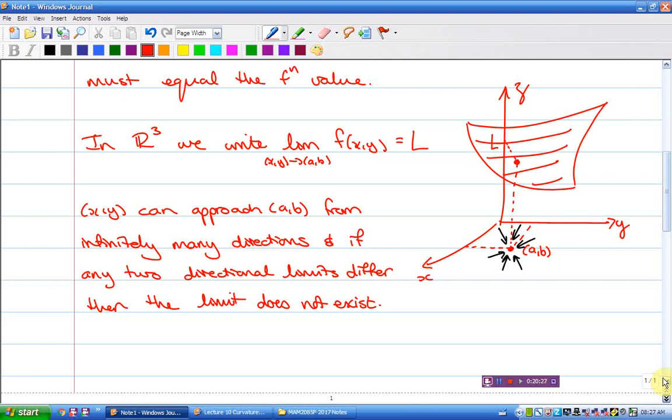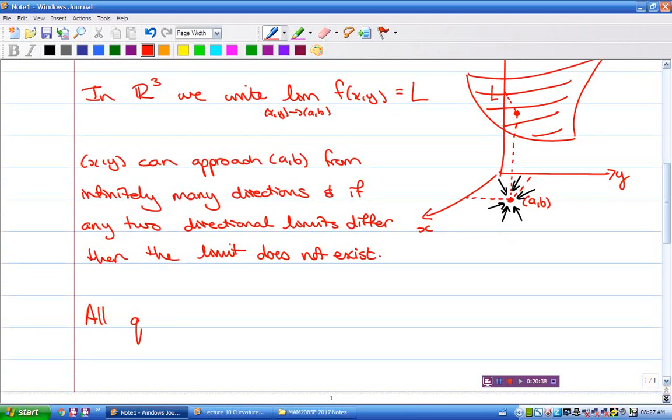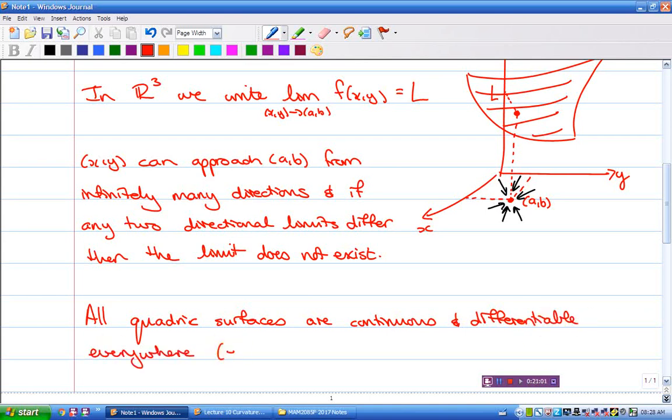Okay, all right, so what do I want to say next? All quadric surfaces. Okay, so those are all those pretty little surfaces in that double page there. Are continuous and differentiable everywhere, except cones have one non-differentiable point.